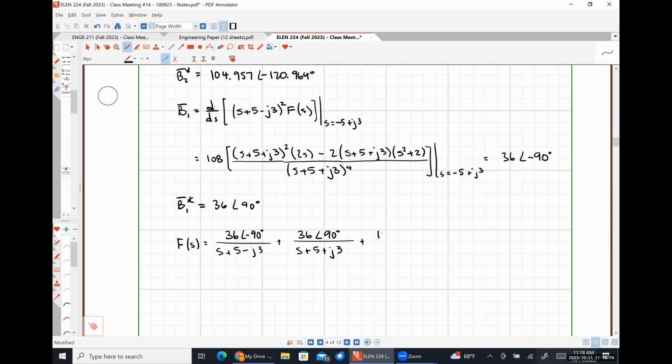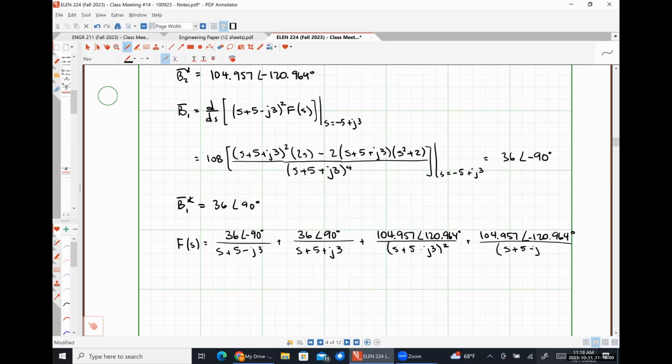plus 104.957 angle positive 120.964 degrees divided by S plus 5 plus j3 quantity squared, plus 104.957 angle negative 120.964 degrees divided by S plus 5 minus, actually, my apologies.